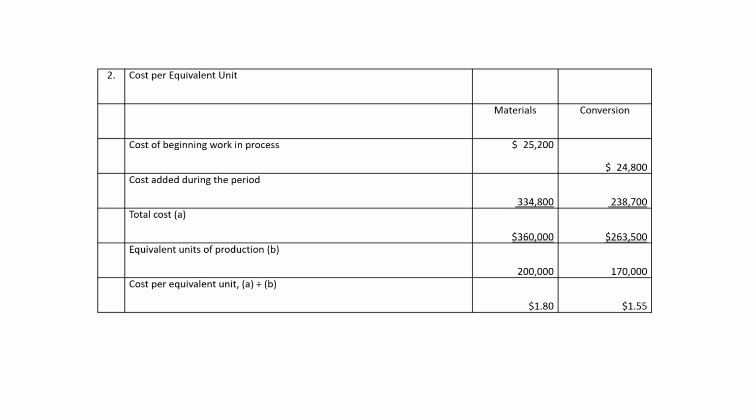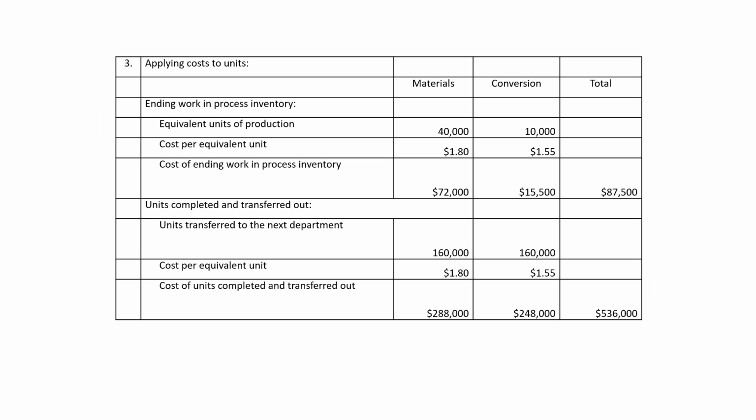Now, in the third step, determine the total cost of ending work in process inventory and the total cost of units transferred to the bottling department. Now, we remember, with regards to determining ending work in process, you're going to take the equivalent units in ending work in process, not the actual number.